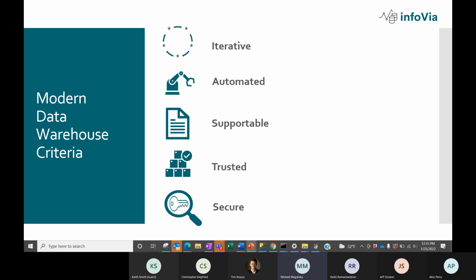So speaking of users, as we've worked with clients over the past 4 years as Infovia, we've amassed a set of criteria that continue to be asked for consistently in, will you modernize our data warehouse? And these are typically the things that a client, a company, an organization is looking for.